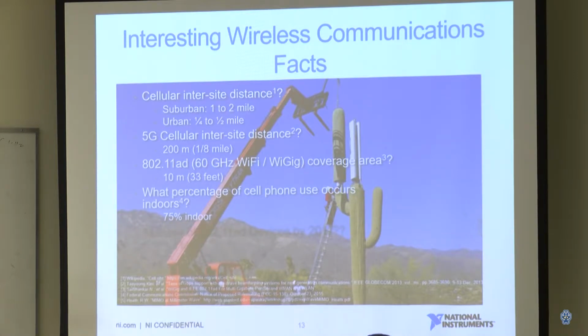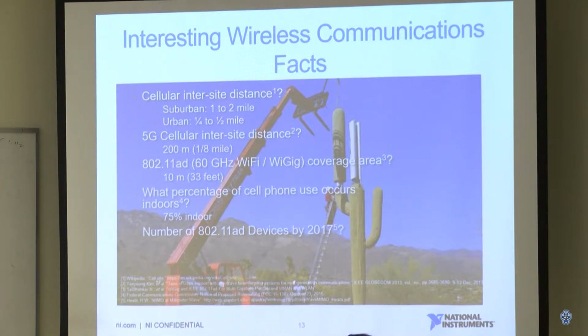When I say indoor, it means you're probably inside a train or a bus, not outdoors. Outdoors means outside the building, right? So with 75% using cell phones indoor, 10 meters should be good enough.